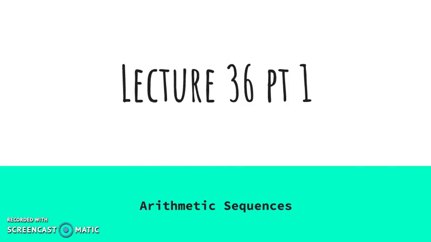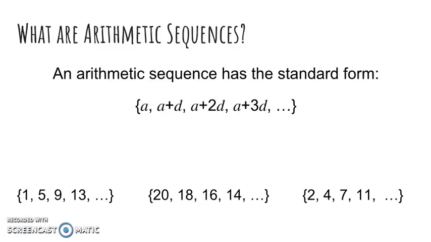Okay, so we're going to start out today talking about the arithmetic sequences. So, starting out, what are arithmetic sequences? An arithmetic sequence has the standard form of A plus D, A plus 2 times D, A plus 3 times D. Okay, so there's a couple variables up there. What do those variables mean?